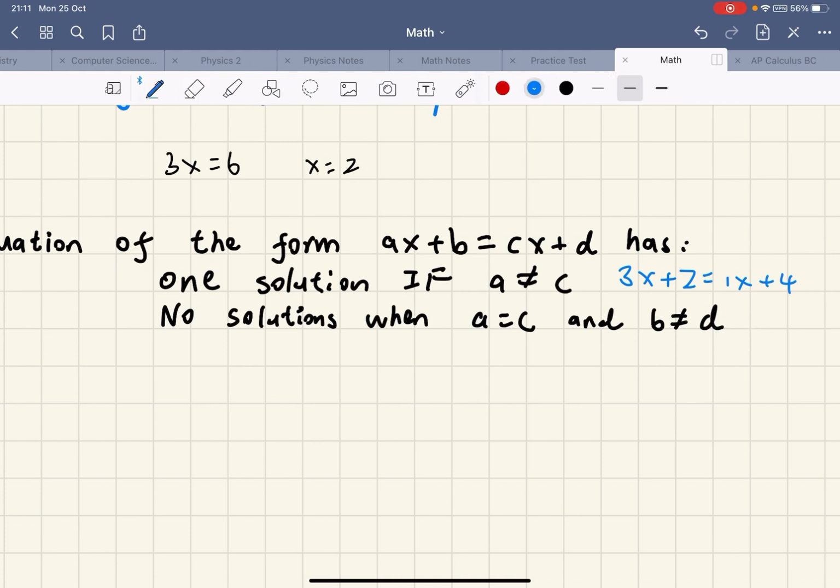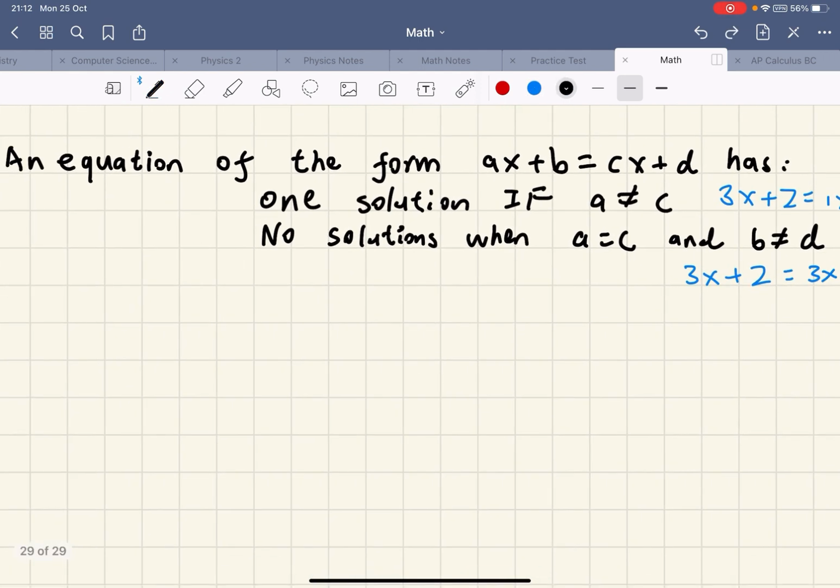Okay, let me write it down here. 3x plus 2 equals 3x plus 5, and notice b does not equal d. So this equation does not have a solution because a equals c, 3 equals 3, but b does not equal d, 2 does not equal 5. And there is one more situation.